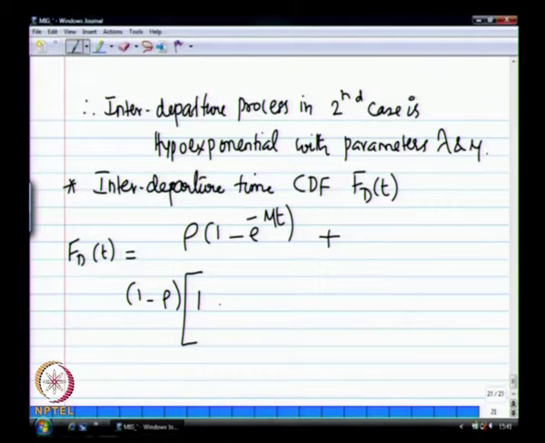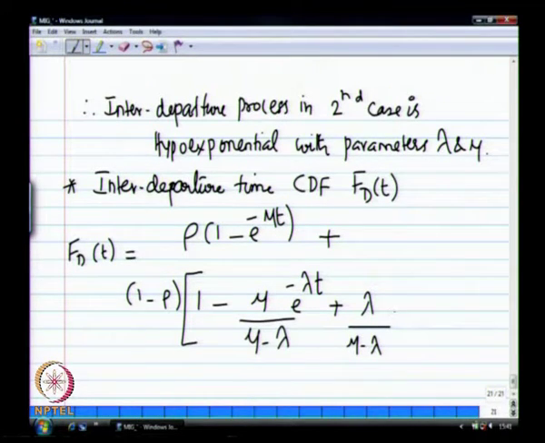So that is 1 minus mu lambda 2 minus lambda t plus lambda by mu minus lambda e power minus mu t. This is the FD of t, right, the CDF of the hypoexponential.